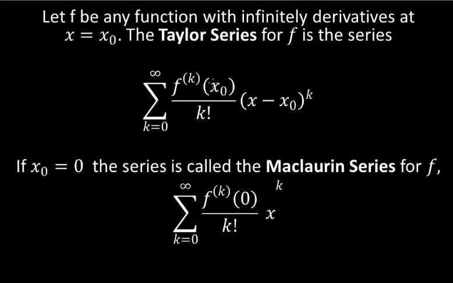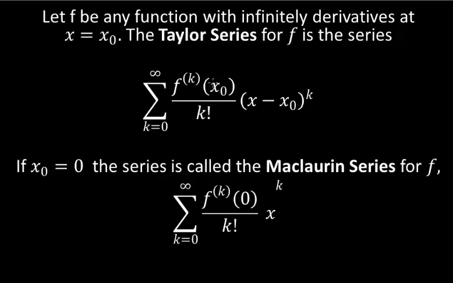We proved in 11.7, we proved it on the video, that if you have a power series representing a function, the coefficients of that power series are as written here on this slide.